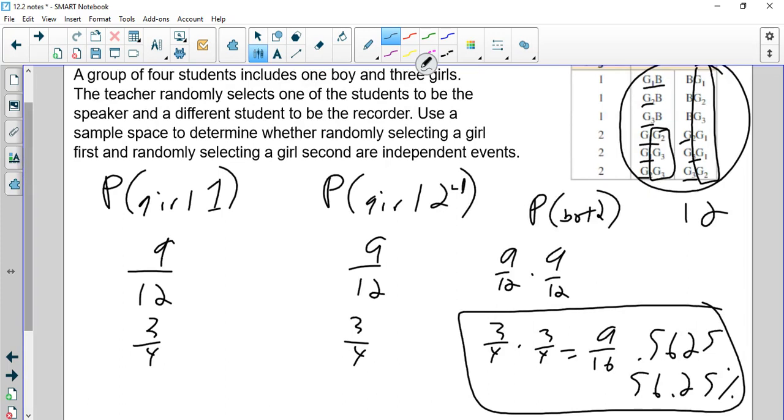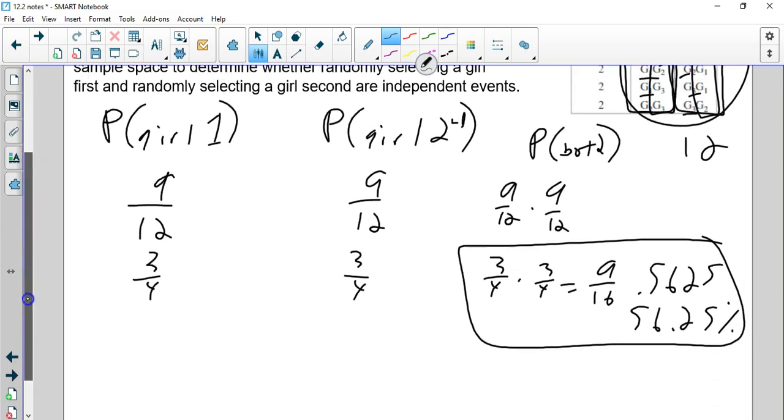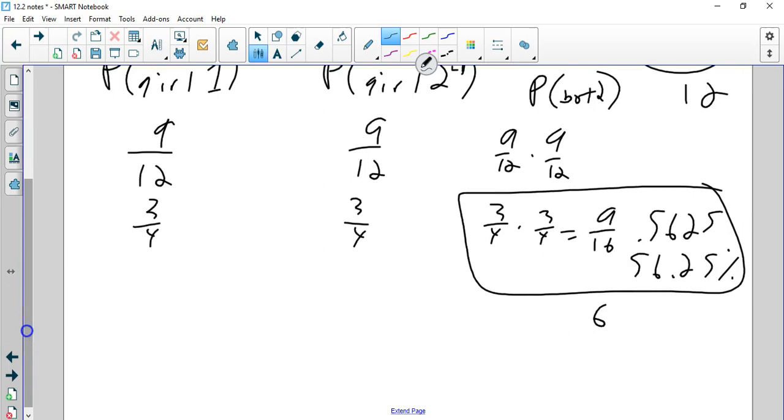Okay, so looking for a girl first and a girl second. So girl first and girl second is those 3 and these 3. Well, that is 6 out of 16, which is not 9 out of 16.